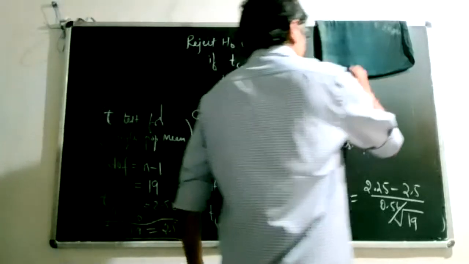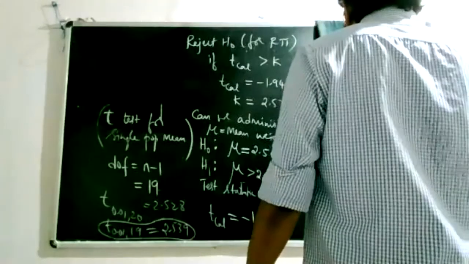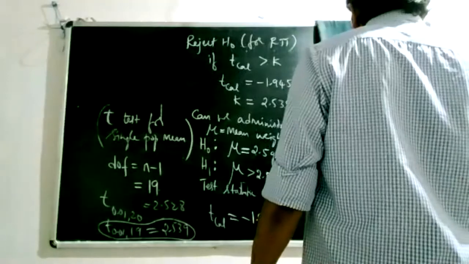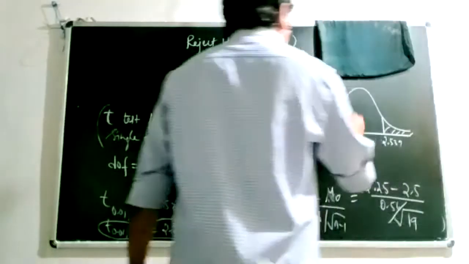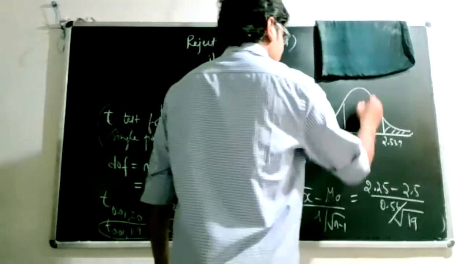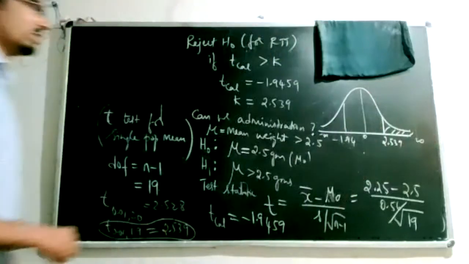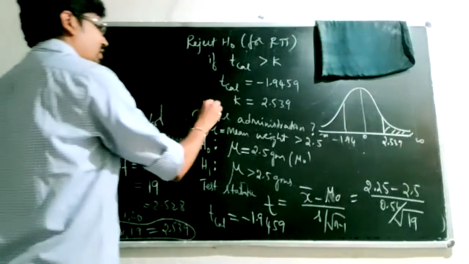So my table value is on the right tail like this, but our observed value is somewhere at minus 1.94, which is not in the rejection region. So H0 is not rejected.